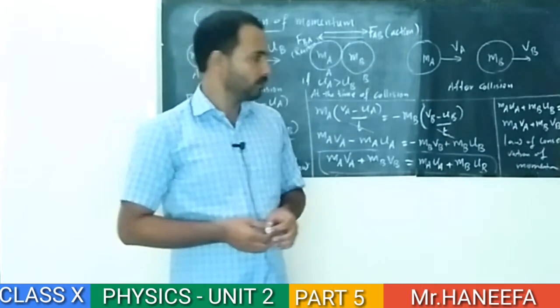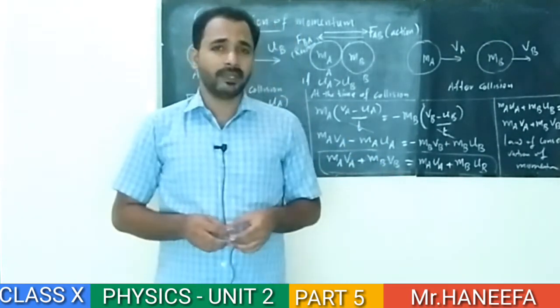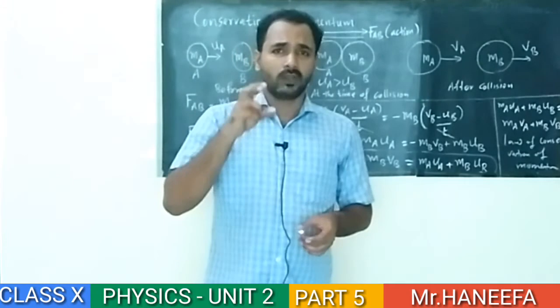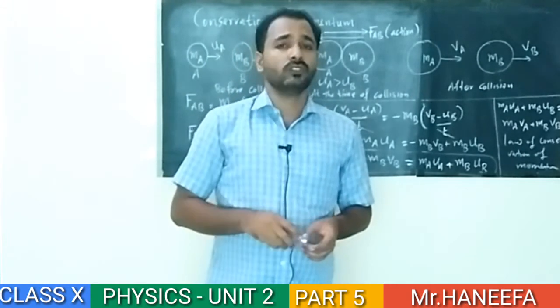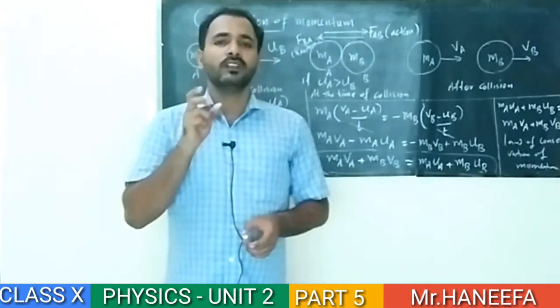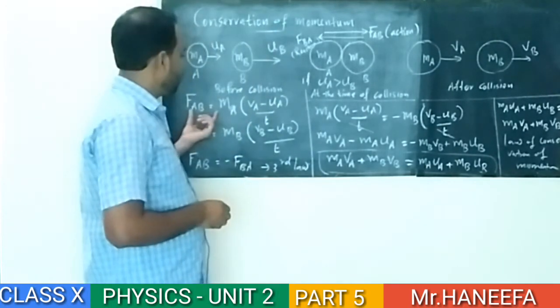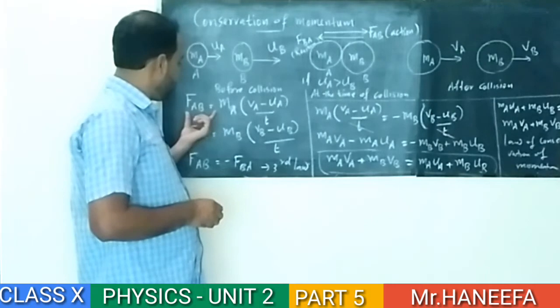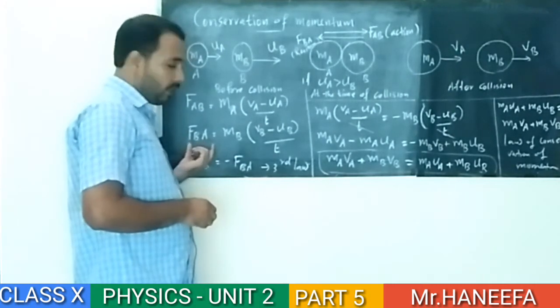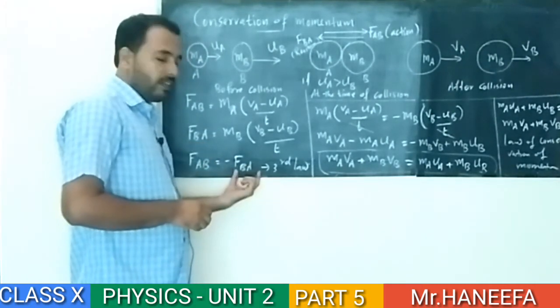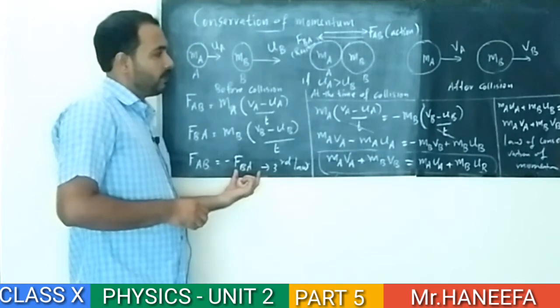Rocket propulsion is an application of the law of conservation of momentum. Here we explained from Newton's second law, FAB and FBA. According to Newton's third law, FAB equals minus FBA.